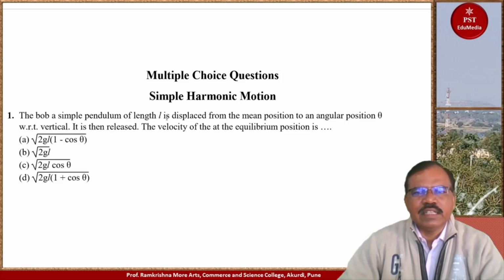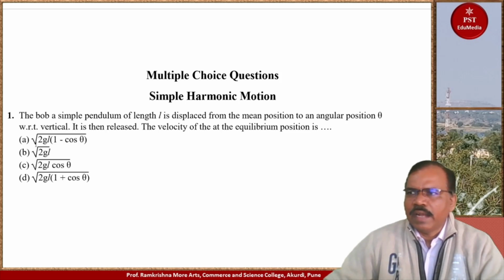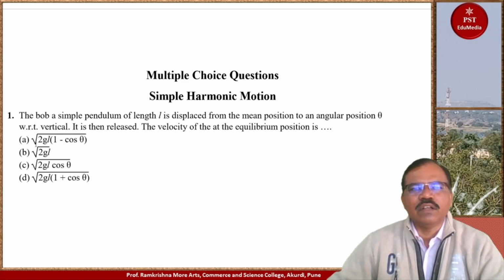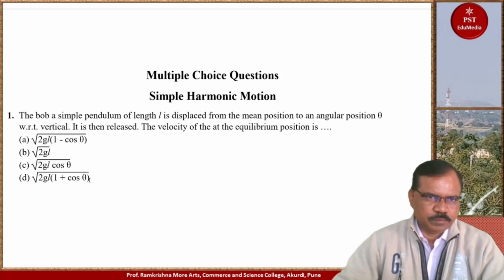The velocity at the equilibrium is: A, root of 2gl (1 minus cos theta); B, root of 2gl; C, root of 2gl cos theta; and last one is root of 2gl (1 plus cos theta). So we have to find out the velocity of the pendulum at the equilibrium position.